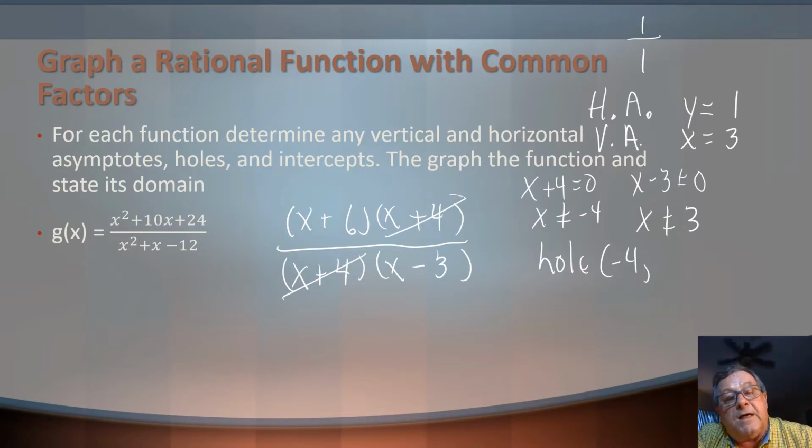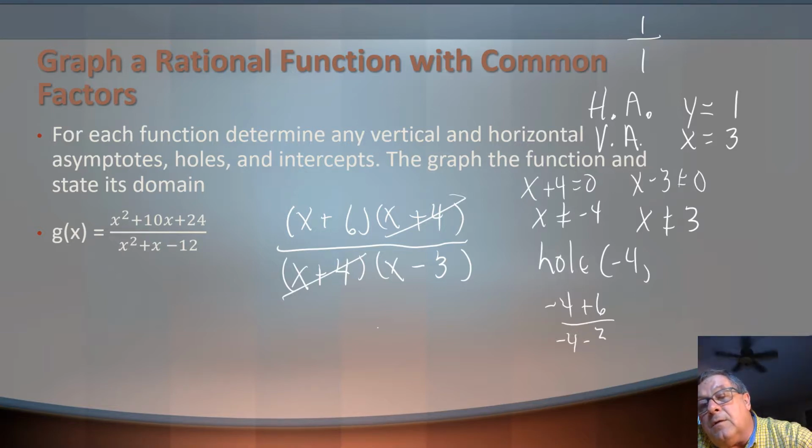All right, now if I substitute negative 4 back into x plus 6 over x minus 3, that's going to give me the y-coordinate. So negative 4 plus 6 over negative 4 minus 3.